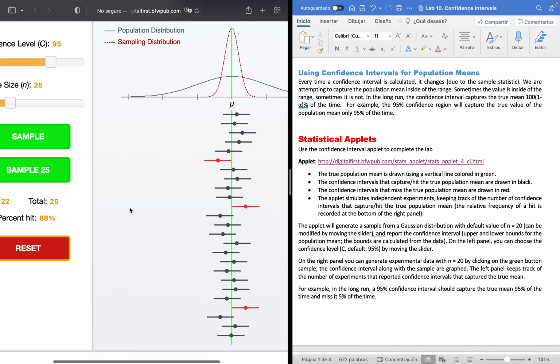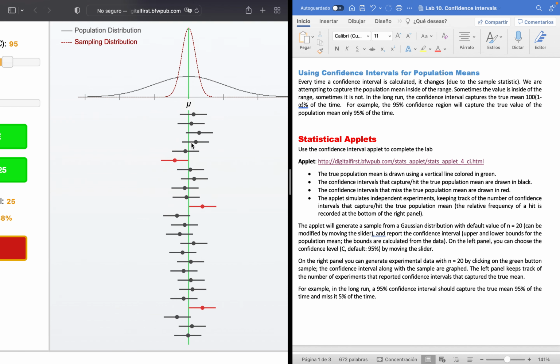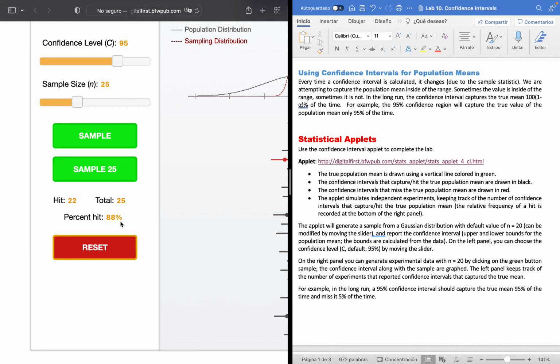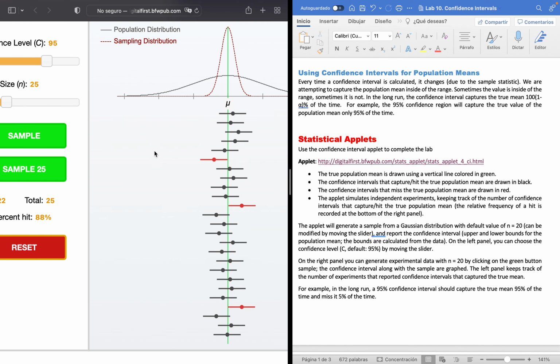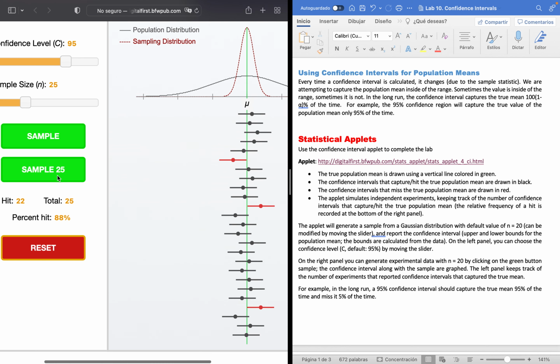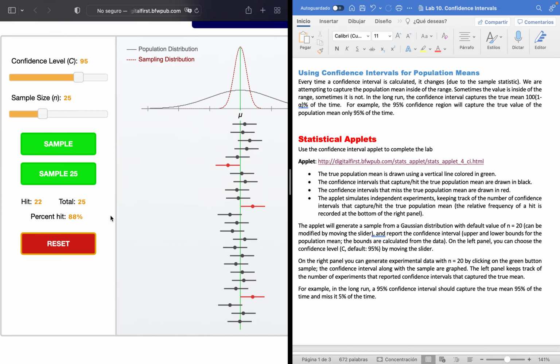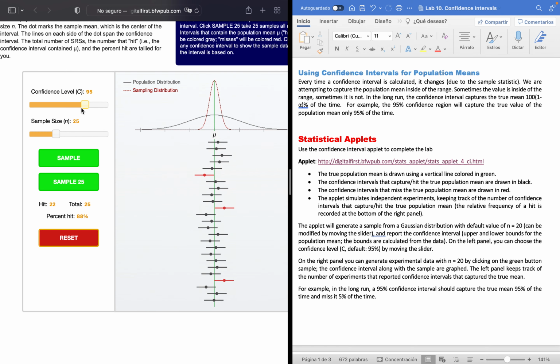Here the proportion covering it is only 88%, but this is because we have only 25 intervals. If we repeat this process many times in the long run, the percent hit is going to be close to 95%.